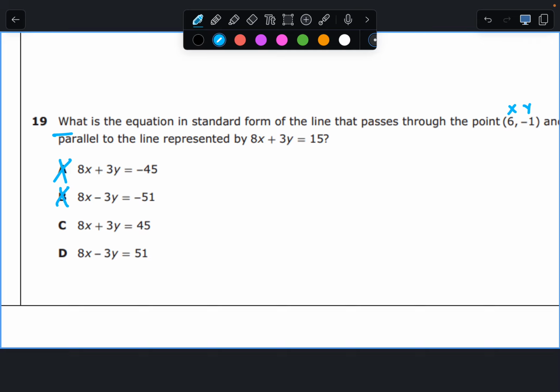Now, if they're parallel, notice that if we put both of these equations, the question part and the answer choice, into the calculator, we can do that because they're both in standard form. We can put it into matrix.